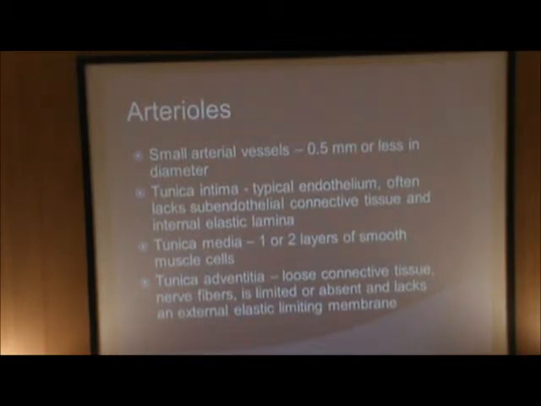Tunica intima contains endothelium, very often without subendothelial connective tissue and internal elastic lamina. Tunica media is composed of smooth muscle cells, 1, sometimes 2 or more layers, and tunica adventitia with loose connective tissue. Connective tissue fibers loosely arranged with nerve fibers.